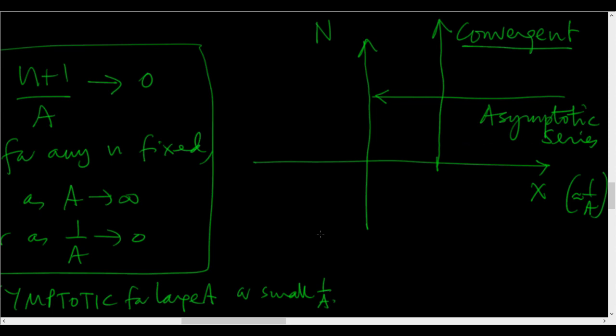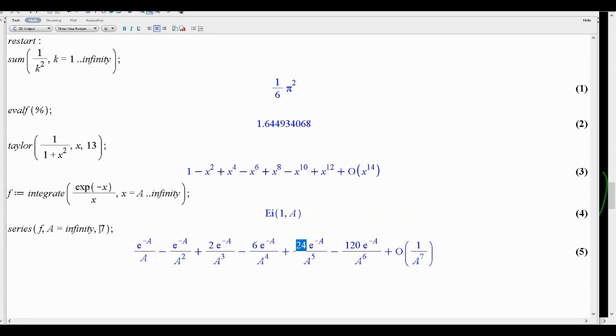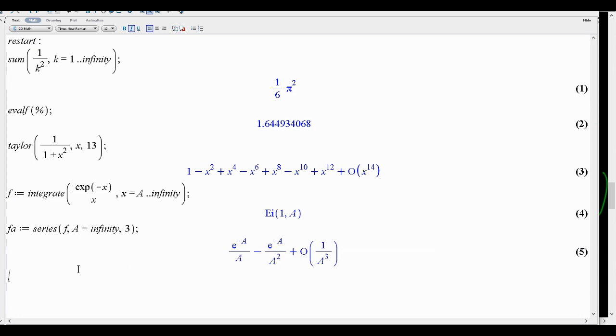Okay, asymptotic series are in fact quite good. So if you come here, let us say, let me call this FA. Let me just take 3 terms. So that is a relatively small series. Let me say convert to a polynomial.